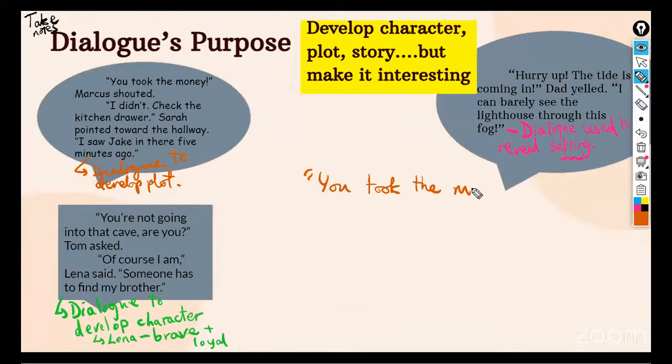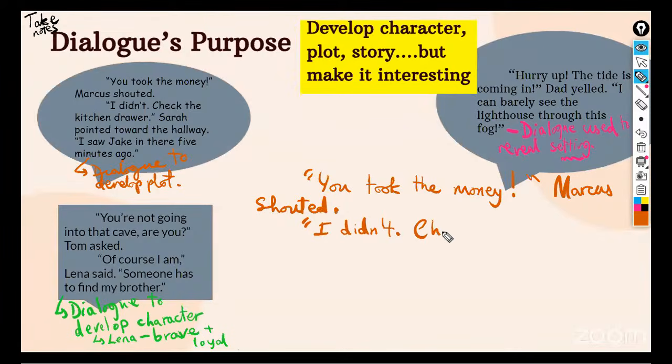And so I could also get a gauge of how long it's taking to write it out. Right, so I'm up to Marcus shouted, full stop. I go to my next line. No, I didn't, right?